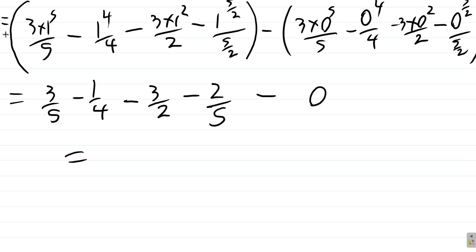So you have 3 over 5 minus 1 over 4 minus 3 over 2 minus 2 over 5 equals, and that's negative 31 over 20. Negative 31 over 20. So that's your answer.